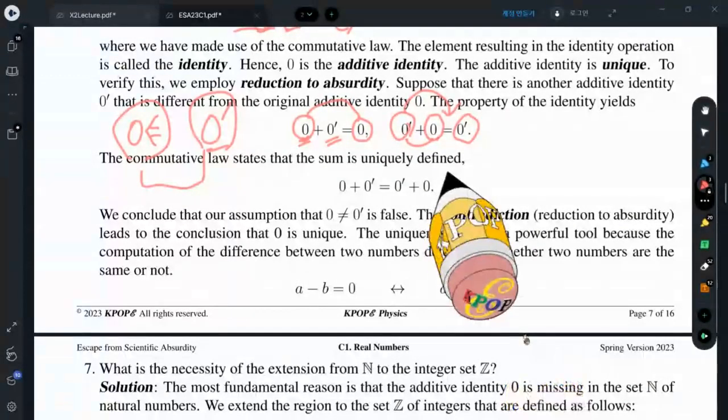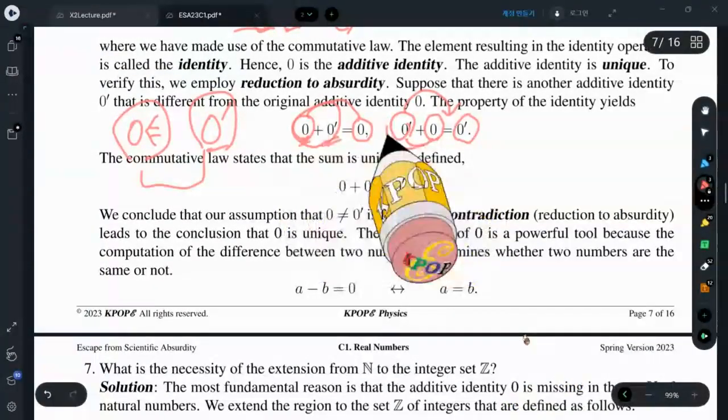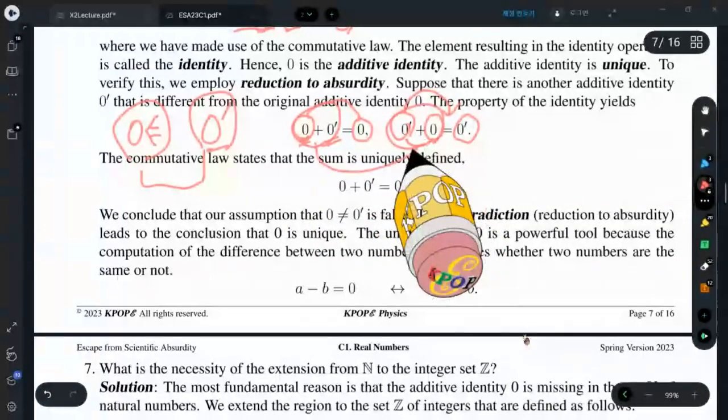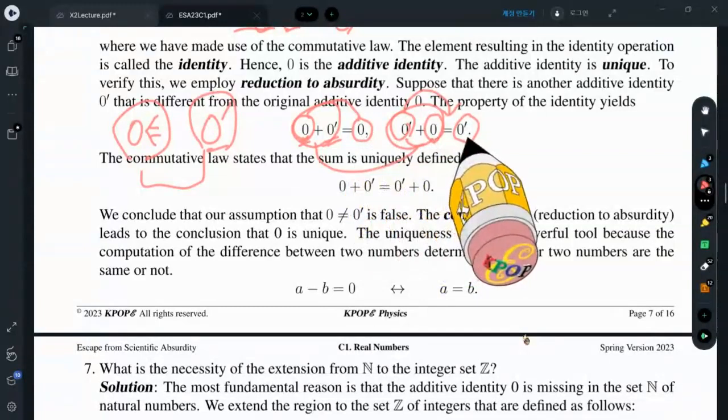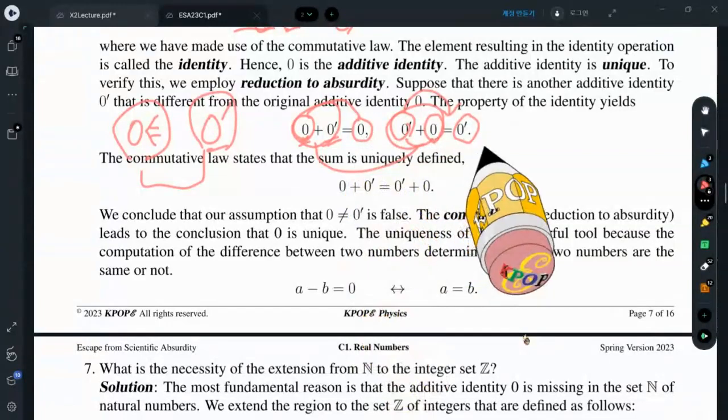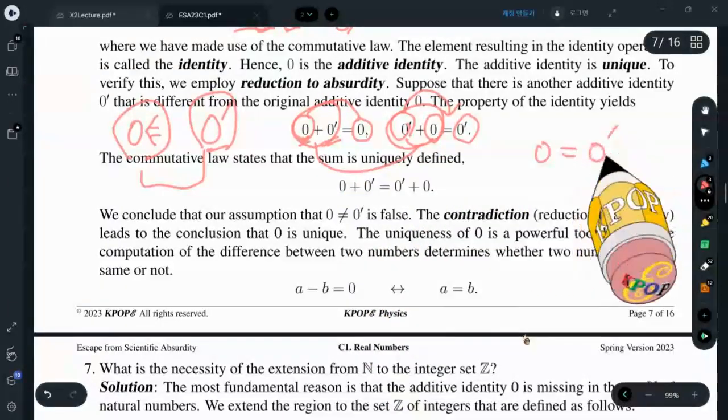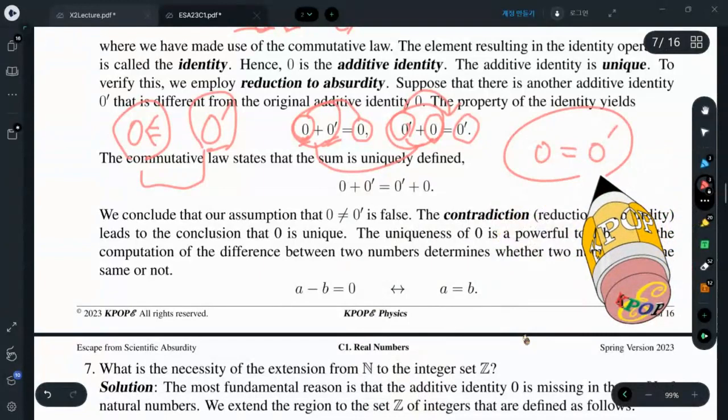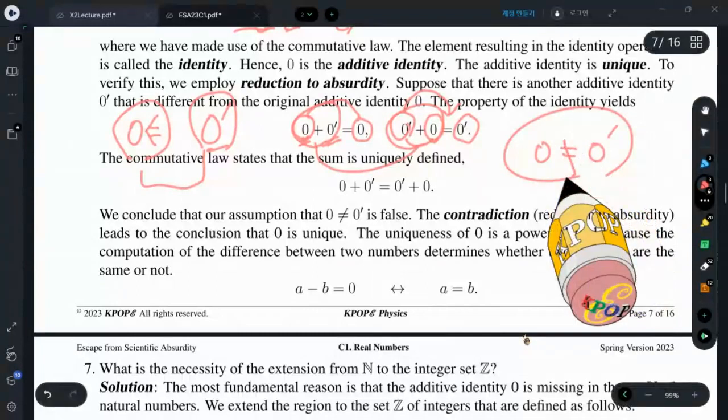So as a result, because these two are the same, because of the commutative law, the 0 and 0 prime should be the same.